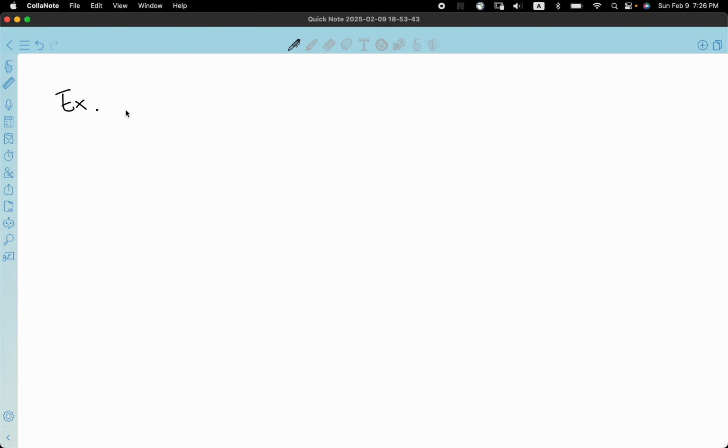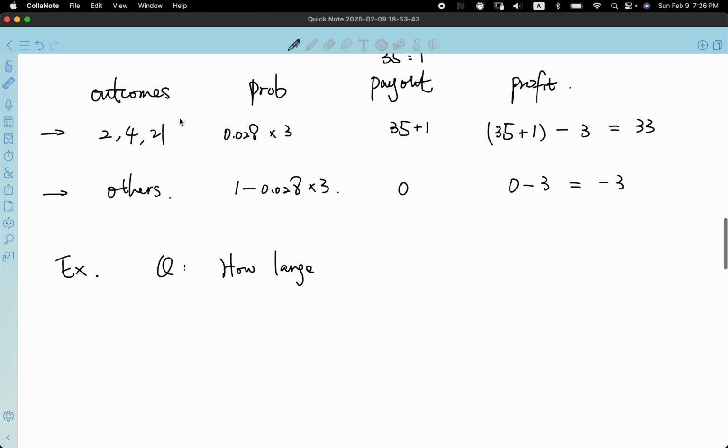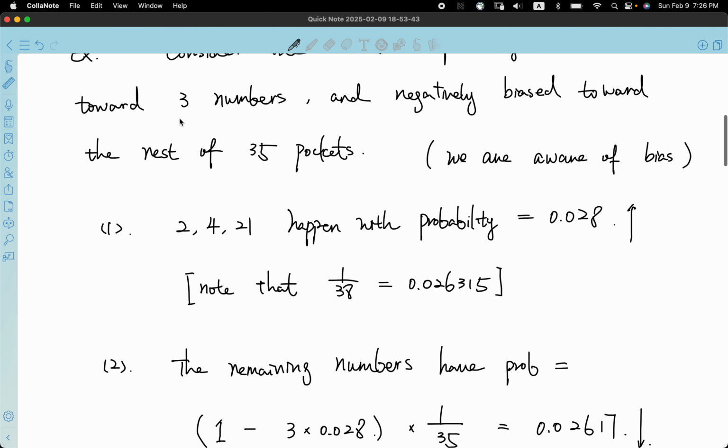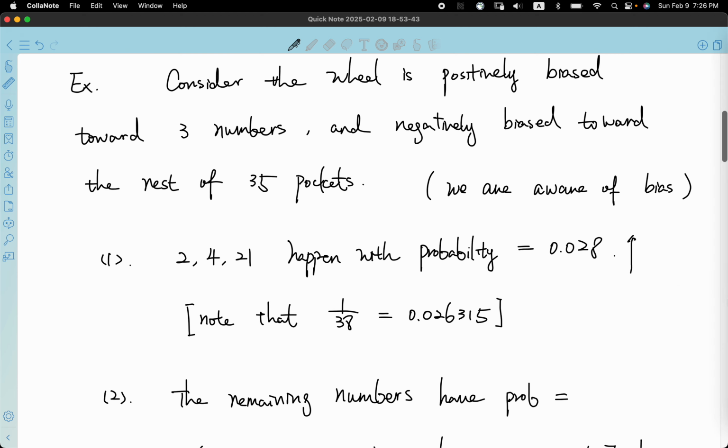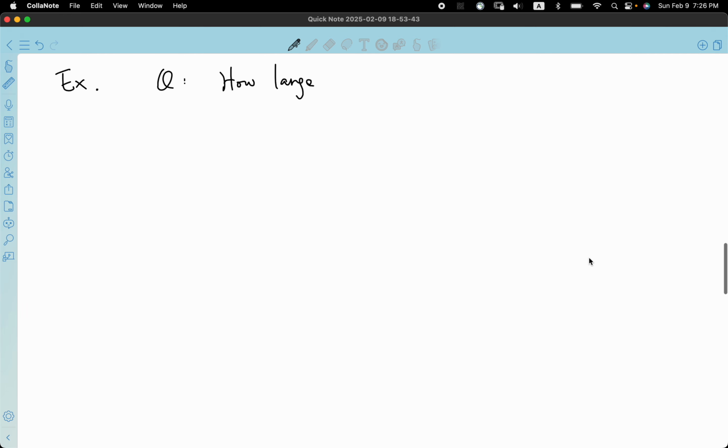Now let's consider another example. Let's assume that we know there are three numbers that are in favor, but we don't know the probability now, because in the previous example we arbitrarily set the probability for these three numbers equal to 0.028.